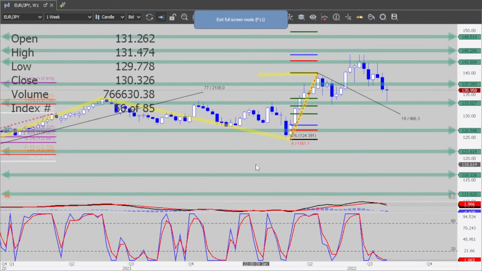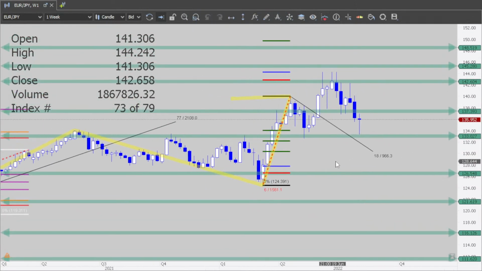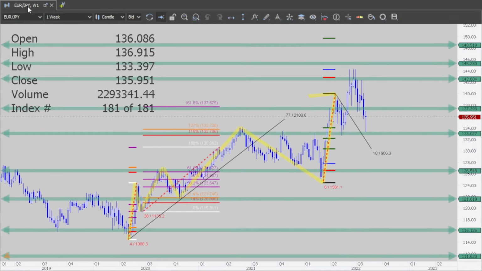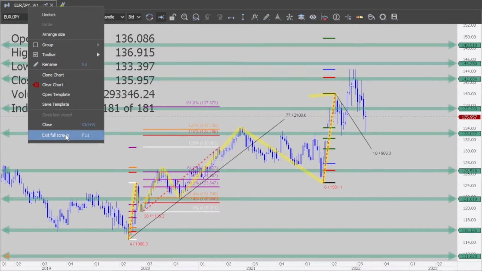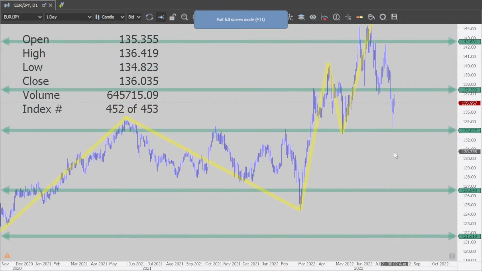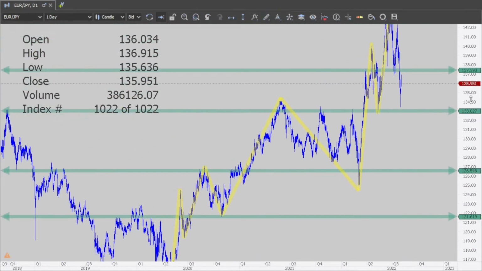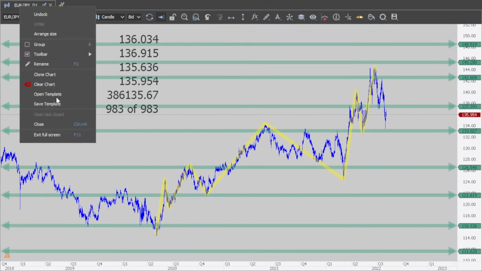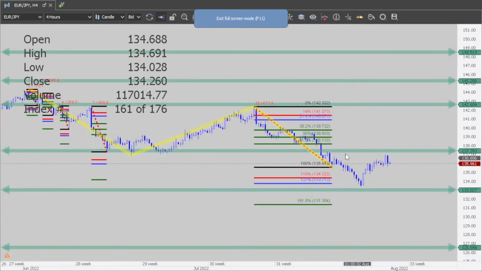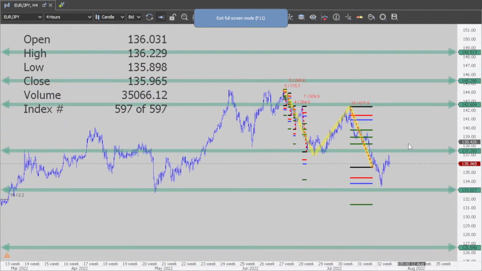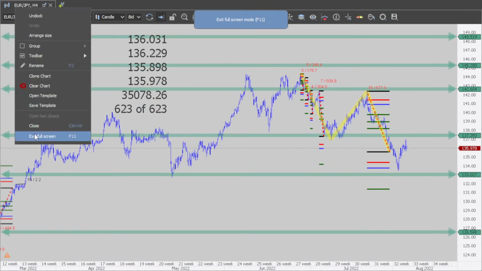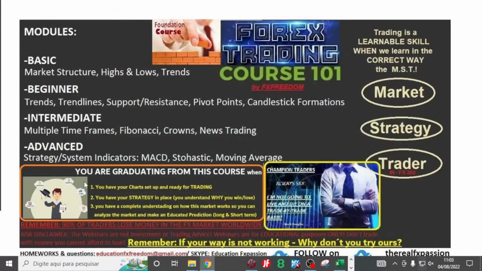Euro JPY weekly chart next week, it's buy, it's long, or whatever. No, this is not a suggestion, I'm giving an example. Euro JPY daily chart, I don't have the Fibonacci, so I don't know. And lastly, Euro JPY 4-hour chart, you are going to say next week short, whatever may be the case. Okay, everybody? This is your goal.